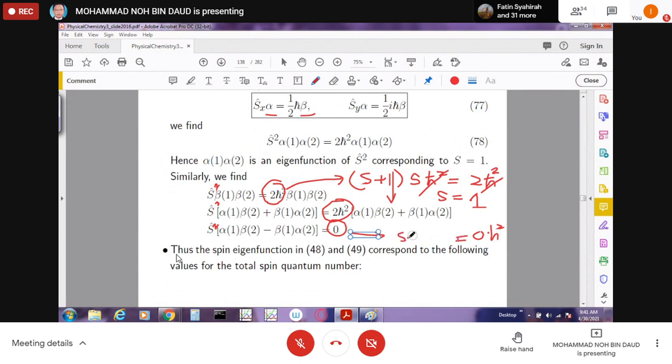So S1, S, H bar square. Okay, so S is 0.